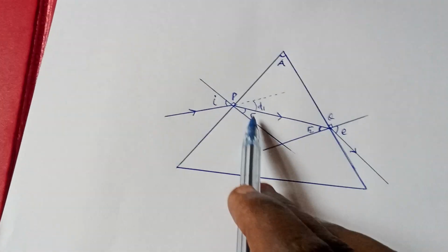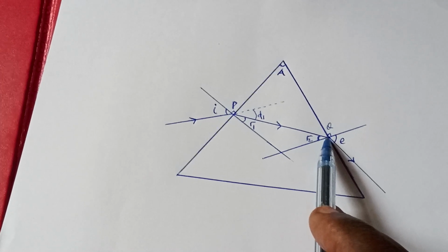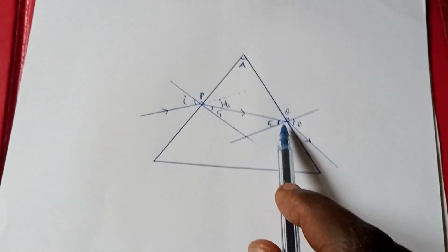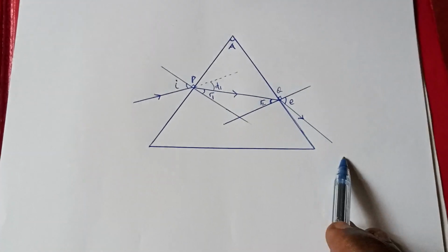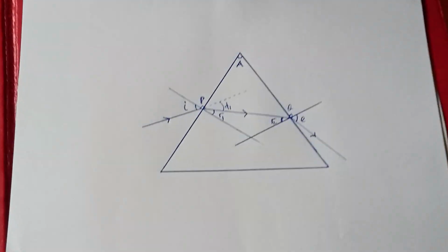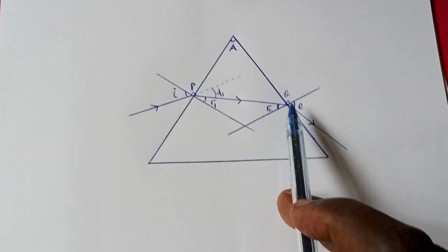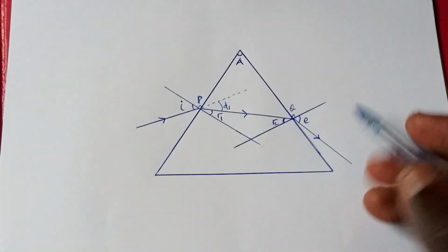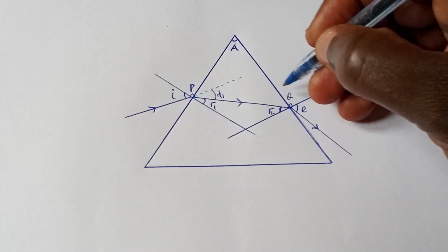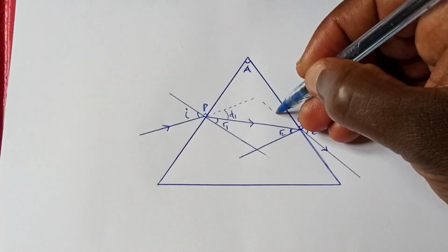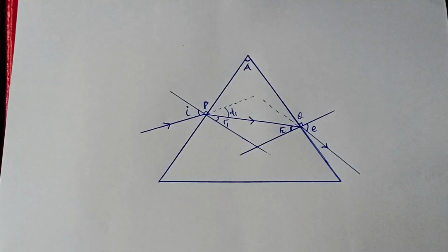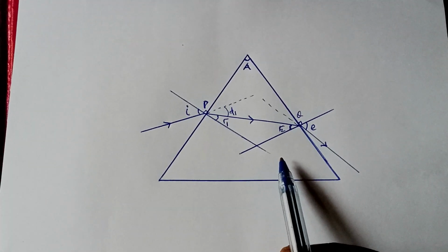So as this ray continues to point Q, we can see that it is still refracted back to the vacuum. Still, this ray would have taken that path without the glass prism.